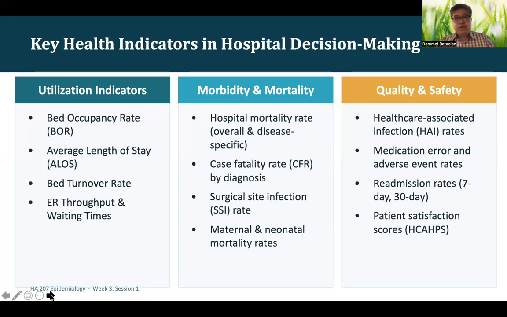Below that, it means you're underutilizing your resources. Above that, you might bleed into a capacity crisis. And then the average length of stay: how long are the patients staying in the hospital? Is it higher than the benchmark or lower? A higher length of stay means there could be discharge delays or some case mix issues, so you have to look into that.